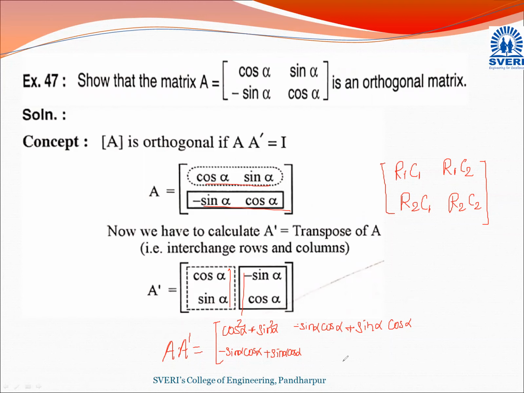So here minus sin alpha into minus sin alpha, it is sin square alpha plus cos square alpha. So finally we are getting the answer as 1, 0, 0, 1, which is the identity matrix. Therefore, we can say that A into A dash is equal to I.